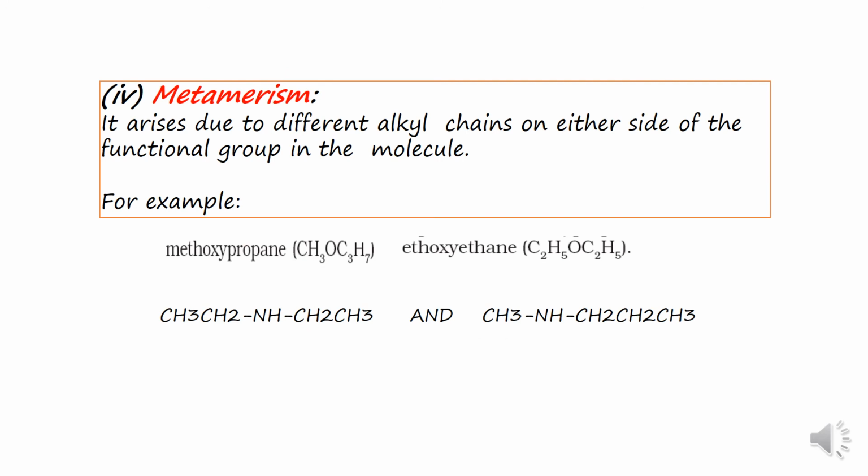Metamerism, children. Metamerism arises due to the different alkyl chains on either side of the functional group in the molecule. Children, these are different compounds with the same molecular formula and the same functional group, but having unequal distribution of carbon atoms on either side of the functional group.